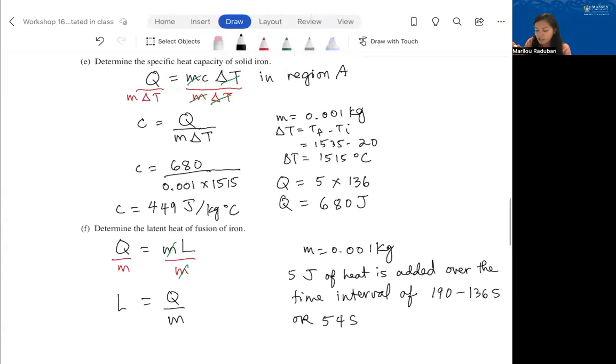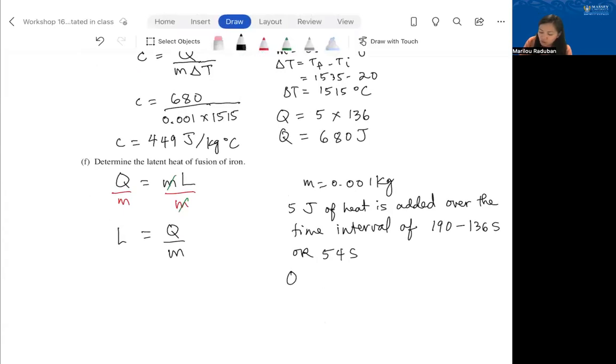Right, so the phase change occurs only between 136 and 190 seconds. That means 54 seconds. So over 54 seconds, you're having that phase change and you're adding 5 joules every second. Therefore, the heat added during phase change will be 5 joules times 54 seconds, because you're adding 5 joules every second for 54 seconds.